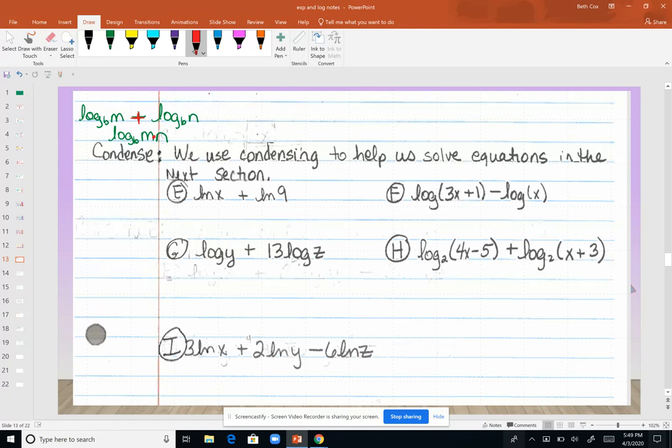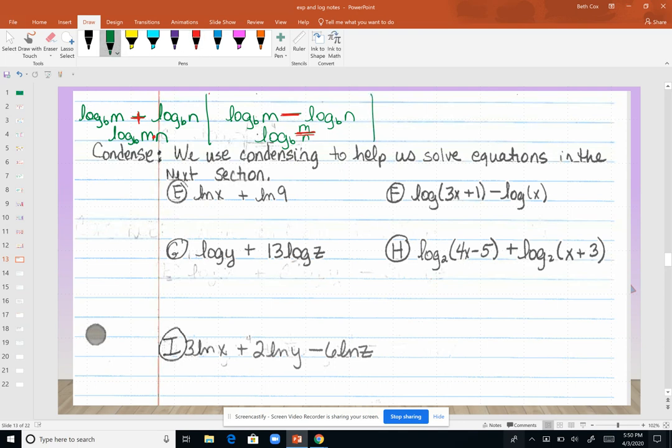So that's one rule. The second one was the opposite. If I have log base b of m minus log base b of n, I can write that as log base b of m divided by n. So again, I have division.